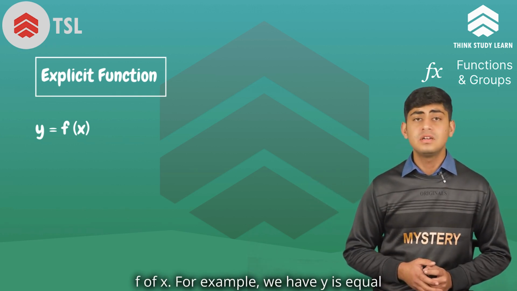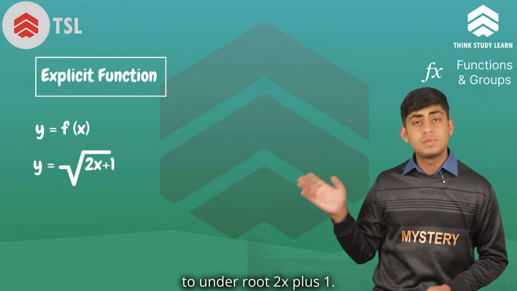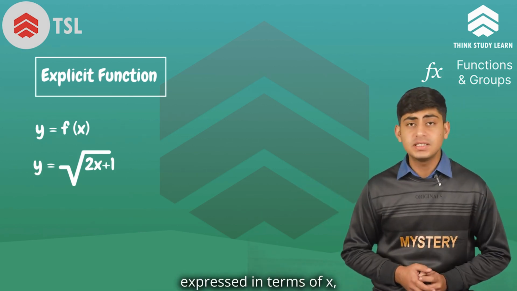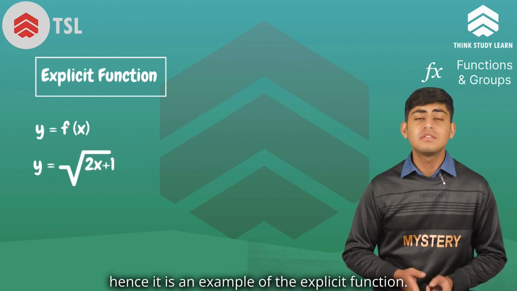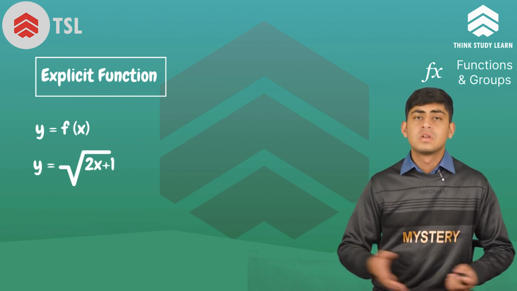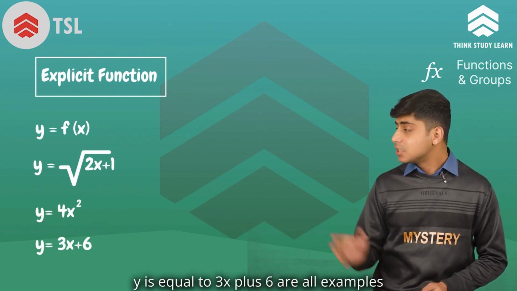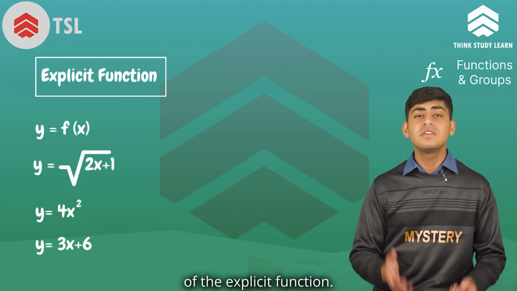For example, we have y is equal to under root 2x plus 1. Now we can see that y can easily be expressed in terms of x, hence it is an example of the explicit function. Similarly, y is equal to 4x square and y is equal to 3x plus 6 are all examples of the explicit function.